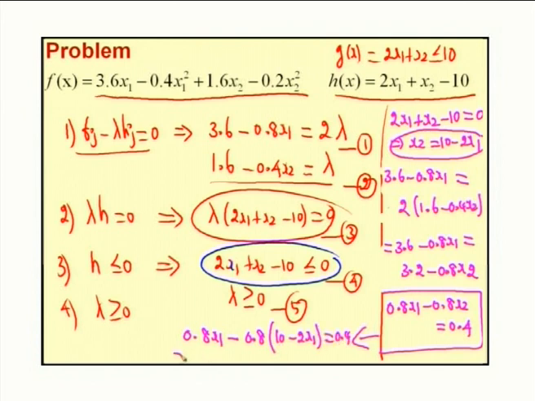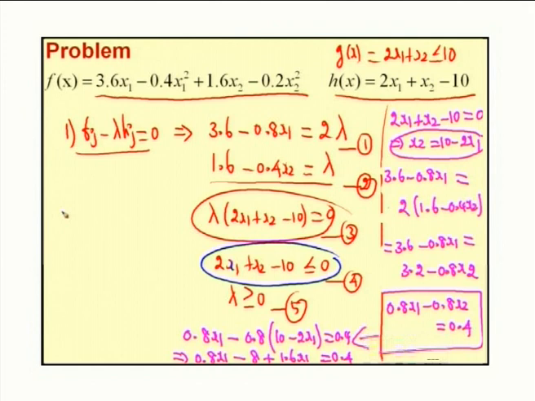Simplifying, we have 0.8 x1 minus 8 plus 1.6 x1 equal to 0.4. From this, x1 equal to 8.4 by 2.4, which is 3.5.